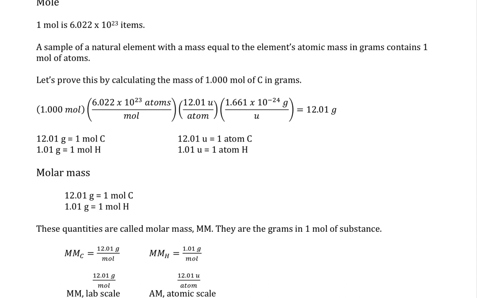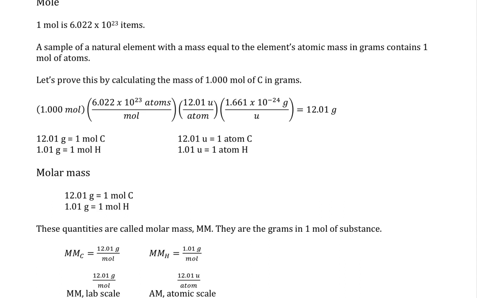But if we're on the atomic scale, the atomic mass unit scale, we would say that 12.01 is the atomic mass unit per atom. For hydrogen, we see rounded to 3 sig figs, the number 1.01. So that would be 1.01 grams per mole of hydrogen, or 1.01 U per atom of hydrogen.